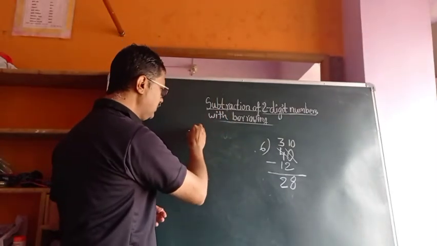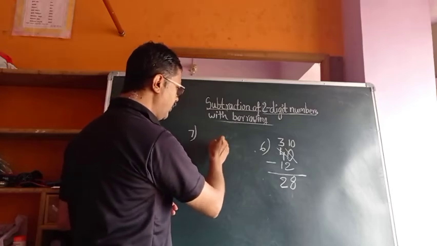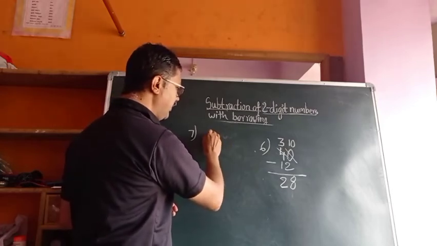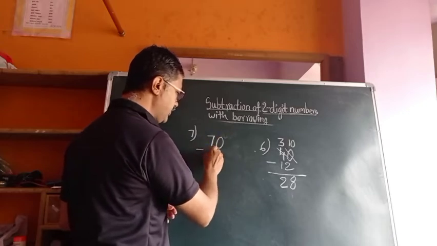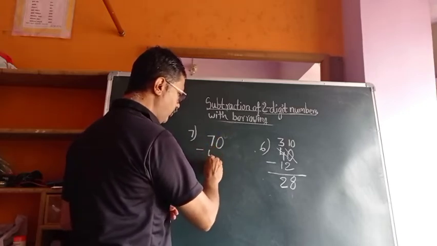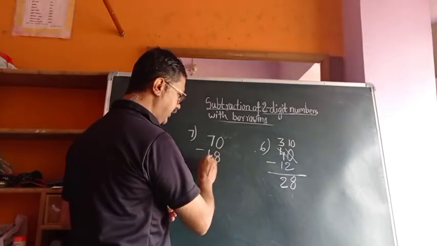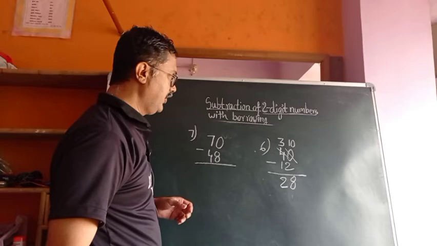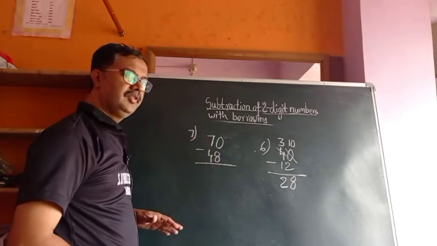Now seventh one, I will take 70 minus 48. Again same thing you have to follow.